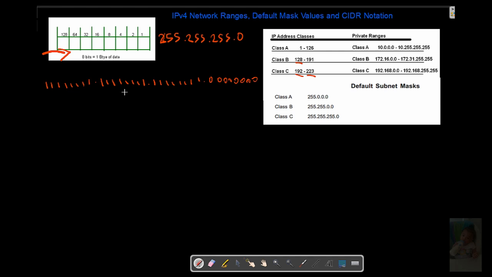We cannot just put a 0 somewhere in the middle, like 1, 1, 1, 1, 1, 1, 1, 0, 1, 1, 1. That wouldn't happen, because then where's our division? Our division gets messed up. Subnet masks build from left to right, and a bit to the right cannot be enabled if the bit to the left is not enabled. There's our division.